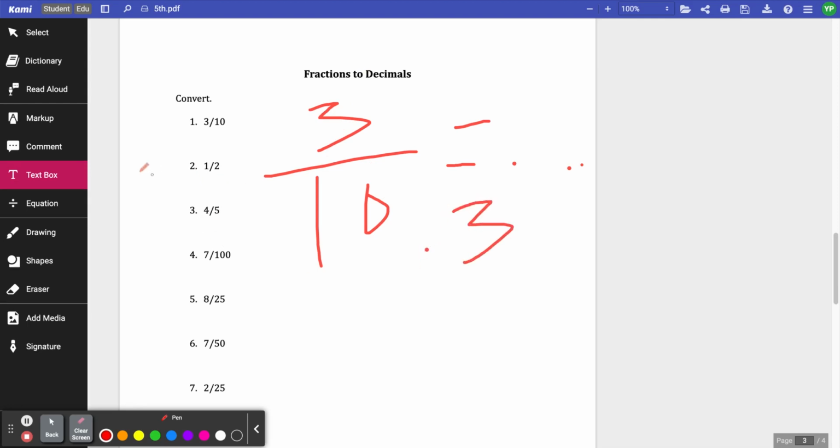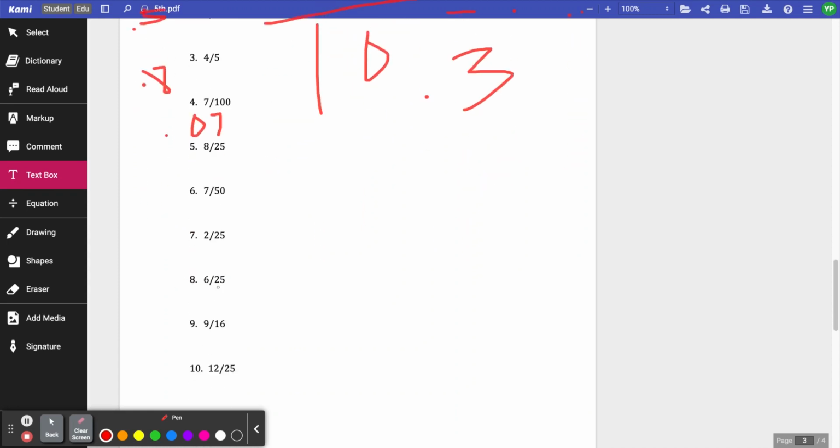And 1/2 is going to be 0.5, right? Because that's 1/2 of 1. So you just divide 1 by 2 and you get 0.5. And 4/5 is going to be 0.8. 7 out of 100 is going to be 0.07, and so on.